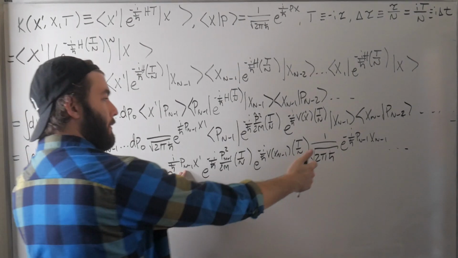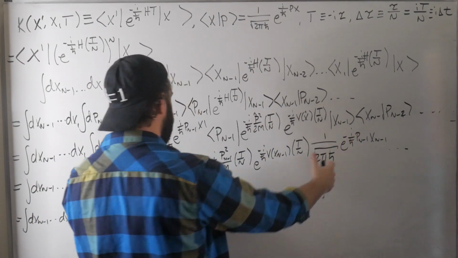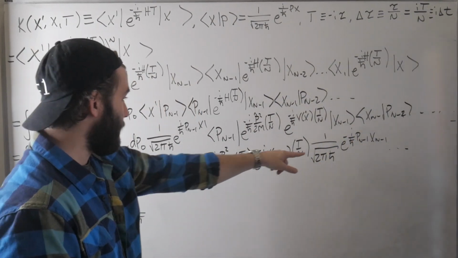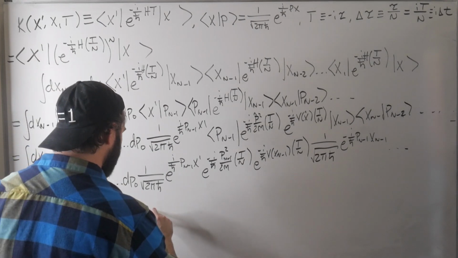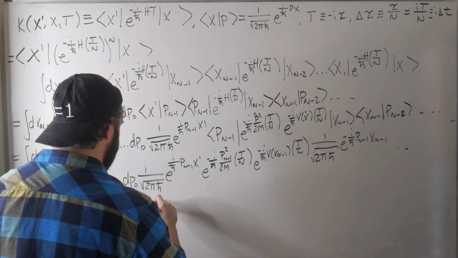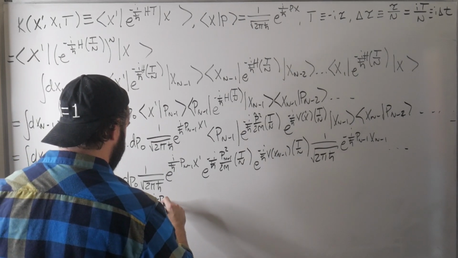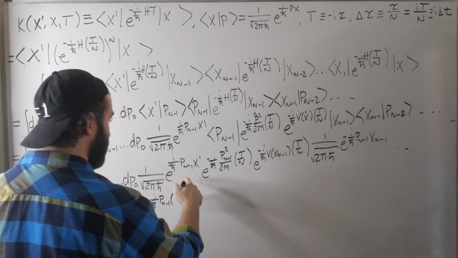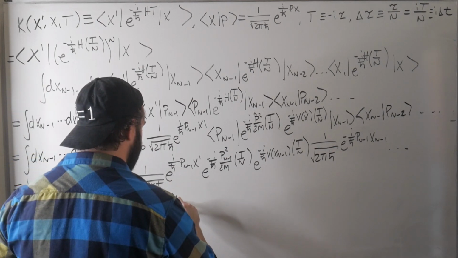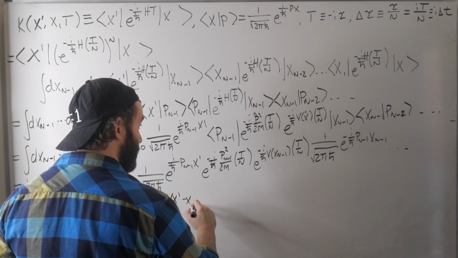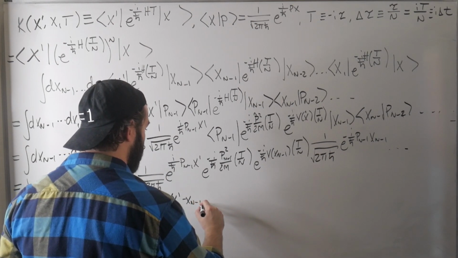Both of these have a common factor of i over h bar, p sub n minus 1, and then we'll have that difference of x's. So it's going to be an e to the i on h bar, p sub n minus 1, and then x prime minus x n minus 1.